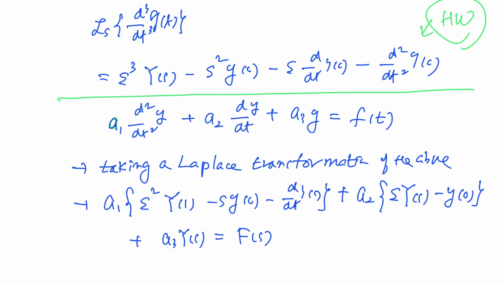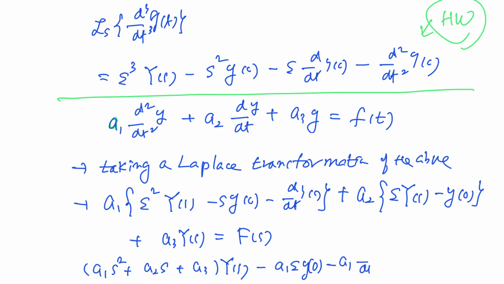So we have a1 s squared, a2 s, a3 times y of s minus a1 s y of 0 minus a1 dt dy of 0 minus a2 y of 0 is equal to f of s.